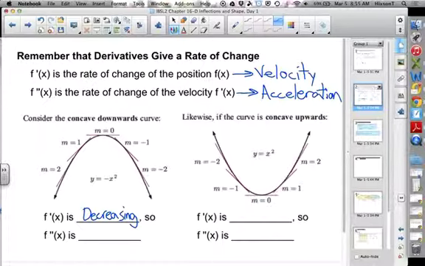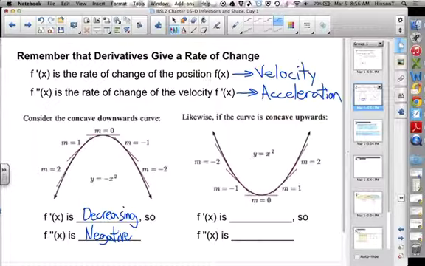It's actually decreasing now into the negatives. So f double prime of x is going to be negative. Remember we did the sign diagram with our first derivative? We could do a sign diagram with our second derivative as well to find intervals where we are concave up or concave down. Okay?